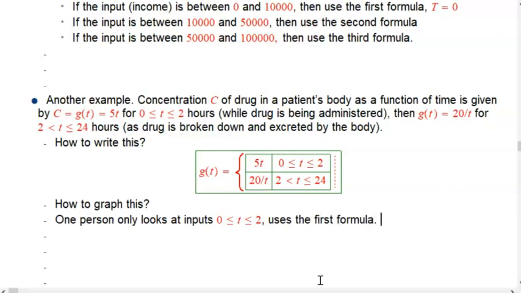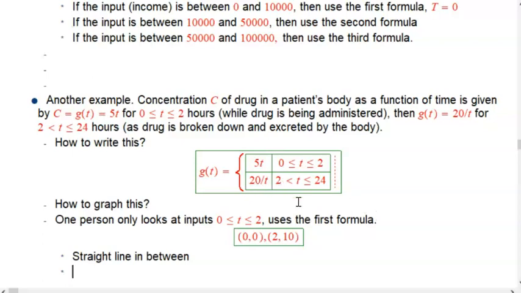Oh, hey, well, I've got 2 points I obviously want to plot, t equals 0 and t equals 2. And so I'm going to use 0, 0, and then 2, 10. Great. Okay. And then a straight line in between. Second one is a little bit less familiar. It's not a straight line because of this 20 over t, and we'll get more practice through the rest of the semester graphing these kinds of things.